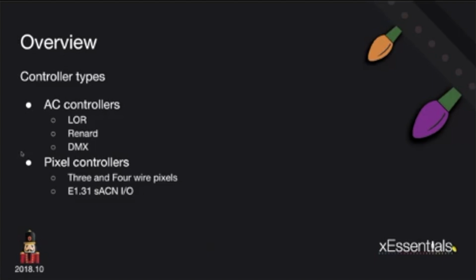So we're going to be talking about the types of controllers that we can use to receive E1.31 from our sequencing software or our scheduler and drive pixels.